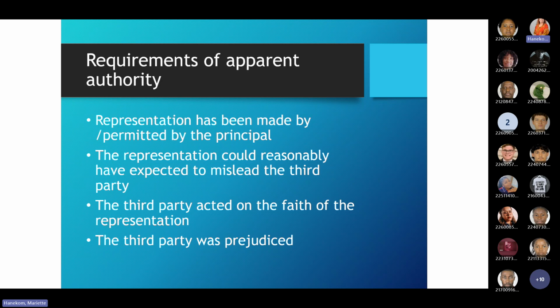The representation could reasonably have been expected to mislead the third party. The third party acted on the faith of the representation, and the third party was prejudiced. So if those four requirements have been met, the third party will be able to hold the principal bound based on apparent authority.